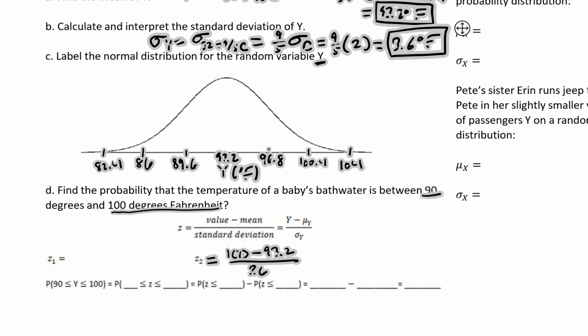That's going to be z2, because 100 is my second y value, which I'm just going to call y2. Since it says between 90 and 100, 90 is going to be y1.